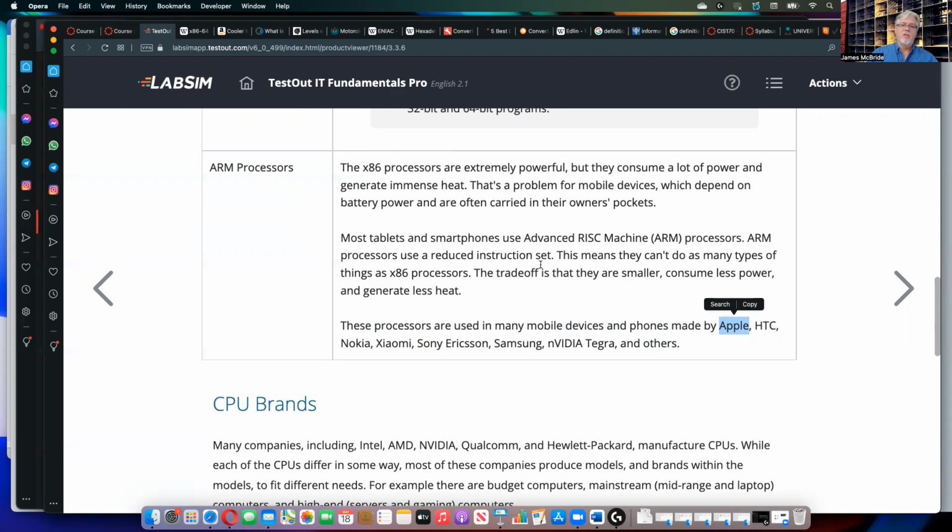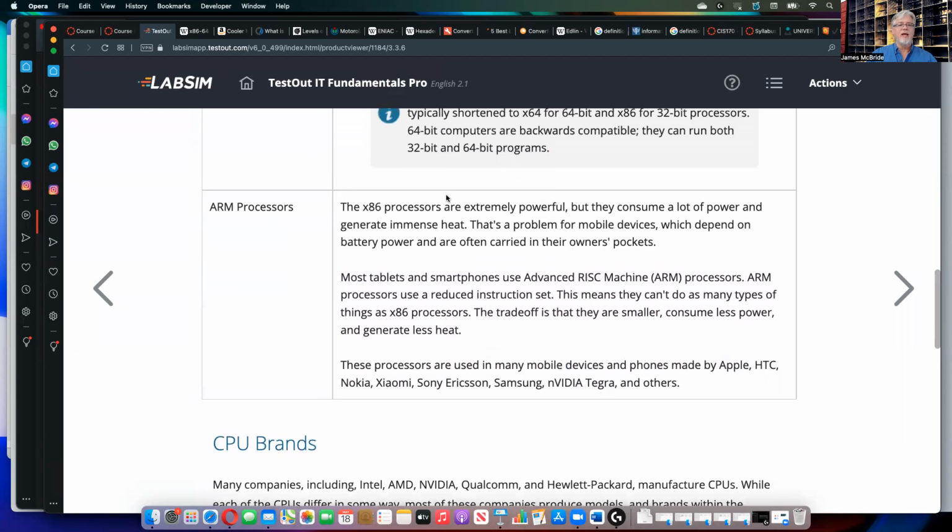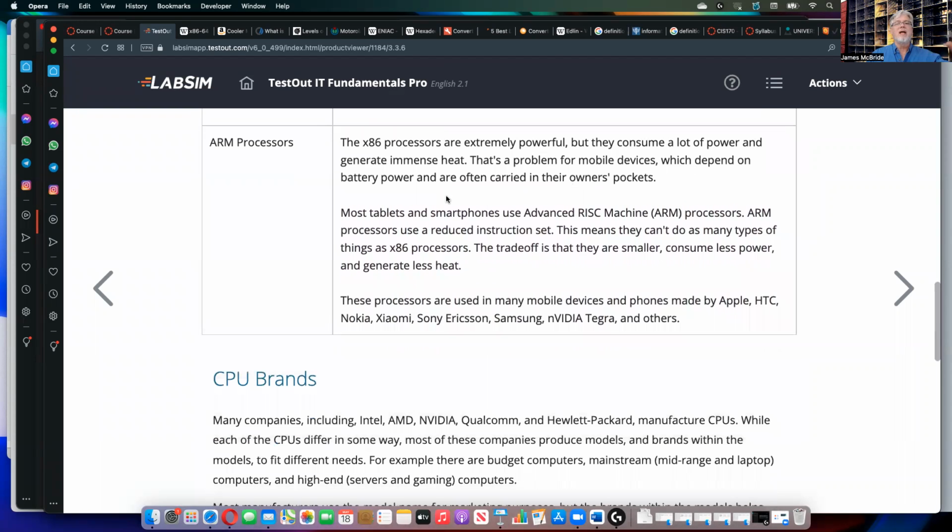However, right, this means they can't do as many types of things as, you need to understand why this is the case. Anytime you try to simplify something so complex down to this small portion, you will miss out totally. The things that are programmed for x86 and x64 are immense, right?